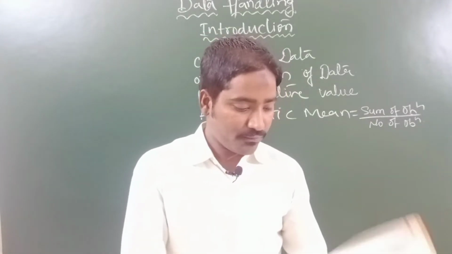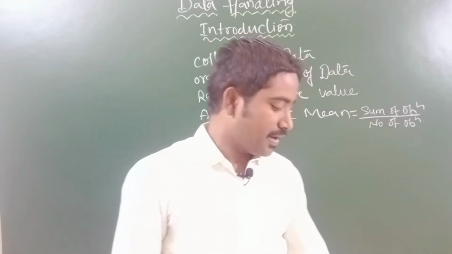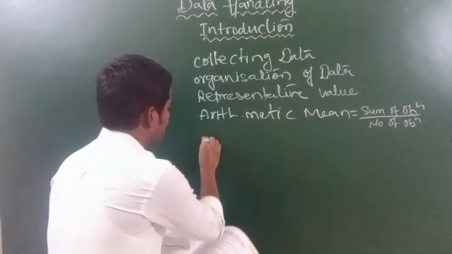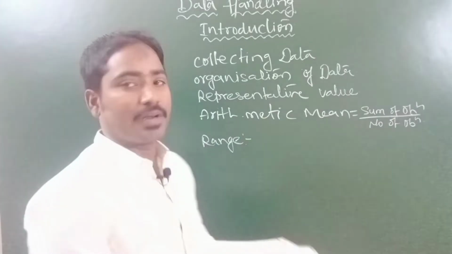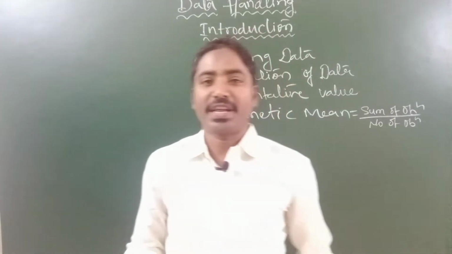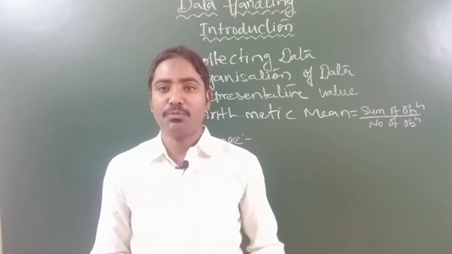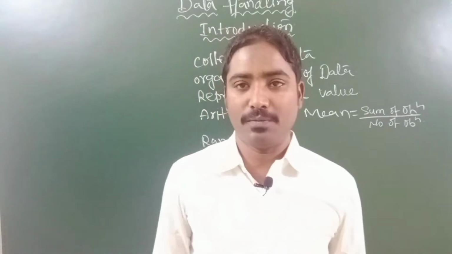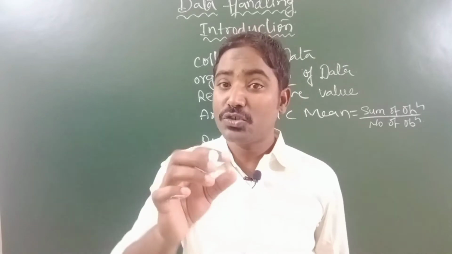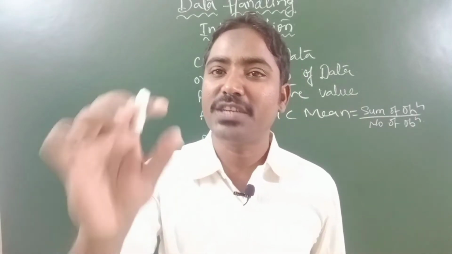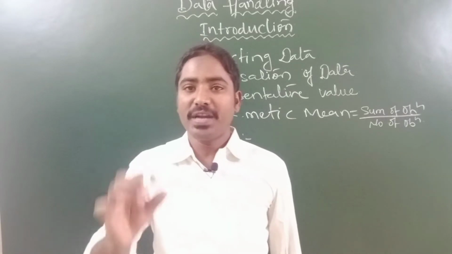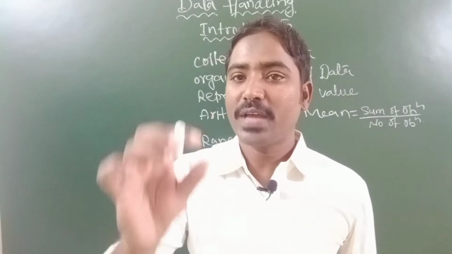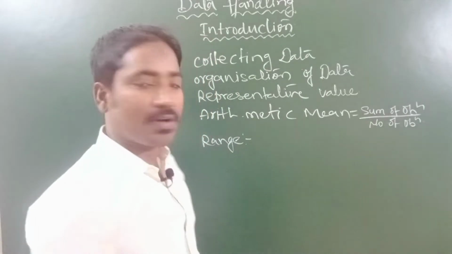Now moving further, students, we have next range. Okay, range. So how to calculate range? Suppose any data is given to you, and the question asks you to calculate the range of that data. To calculate the range of any data, we also have one formula, students.